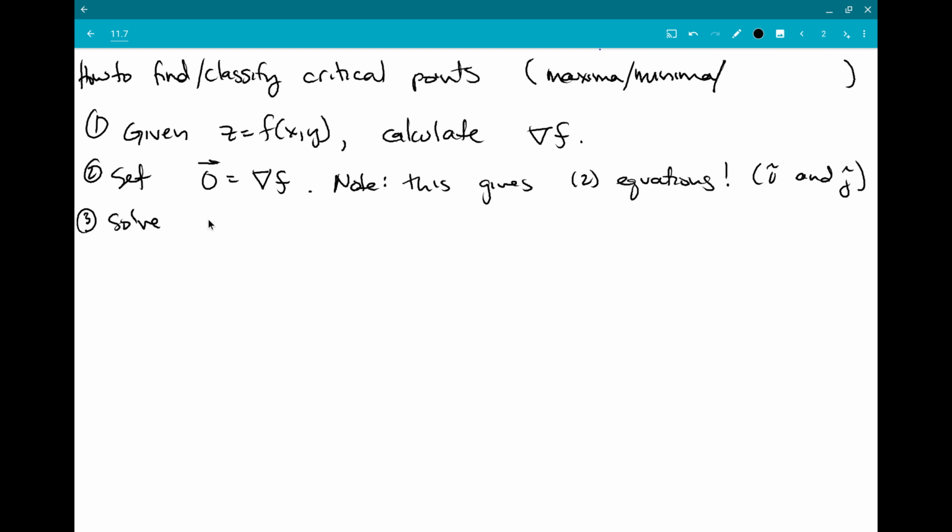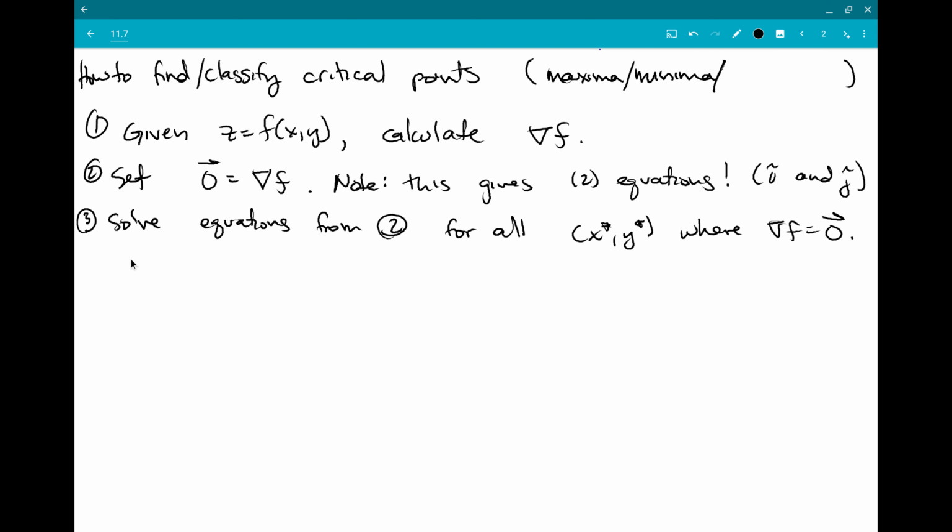Okay, and then we're going to solve the equations from part 2 for all points x star, y star, where the gradient is 0. And then I just want you to be very careful. That means both the equations have to be equal to 0 at the same time. This is going to be a system of equations problem.